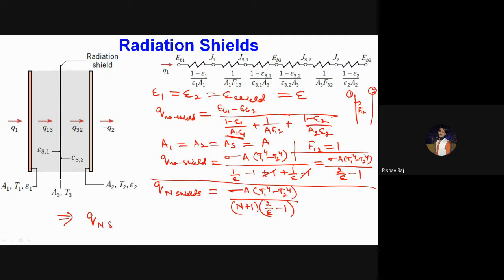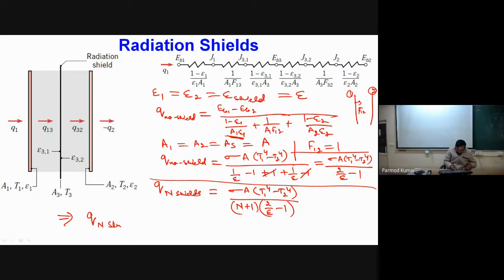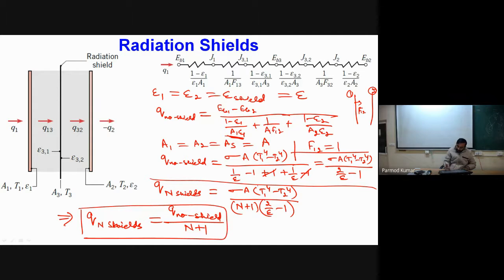Yes, sir. So I can say that upon introduction of n shields under the assumed conditions, my heat transfer will become Q no shield divided by n plus 1. Okay, because this quantity is nothing but Q no shield. Okay.